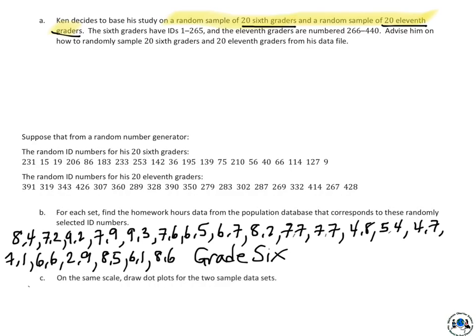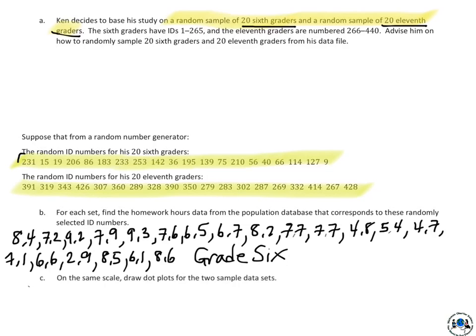Bless the people who put this together, because they did all of that random number picking already for me here. So they picked these numbers here. For the 6th graders, there were the random numbers, and then here were the random numbers for the 11th graders. And you know how we would do this. If we were in class, we might do a little bit of this, but again, it would become just busy work.